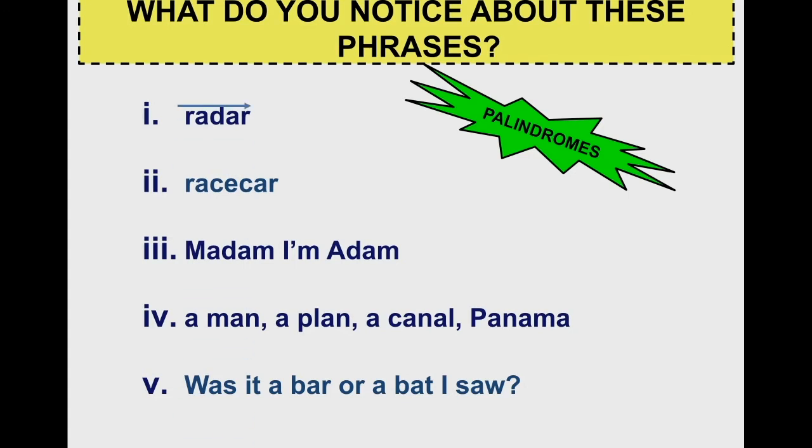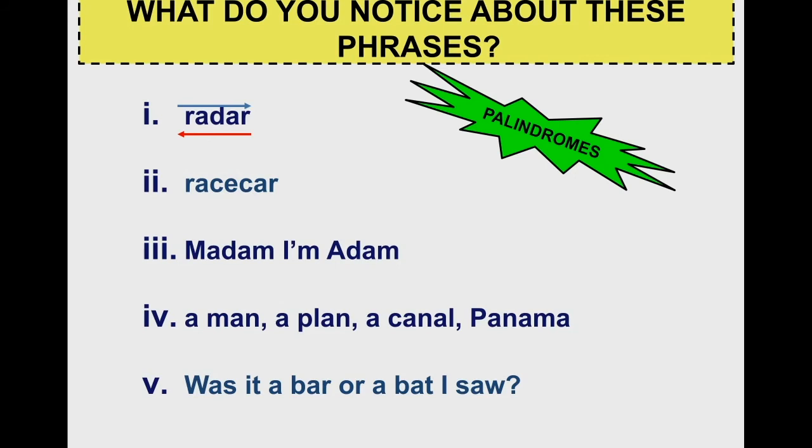If you read it in this direction, it will sound radar. What do you notice about these phrases? The first one, radar. If we read it in the opposite way, it will sound radar.